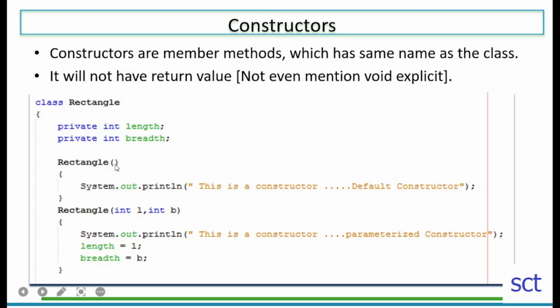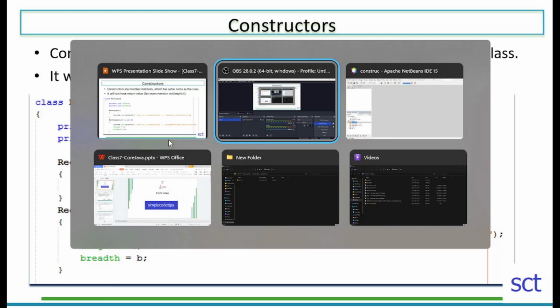This Rectangle doesn't have any parameters passed to it, but this Rectangle has two parameters. So how am I going to use this? I will pass length and breadth and I will assign this length and breadth to the data members of the Rectangle class. Let us see how this can be written in the program.